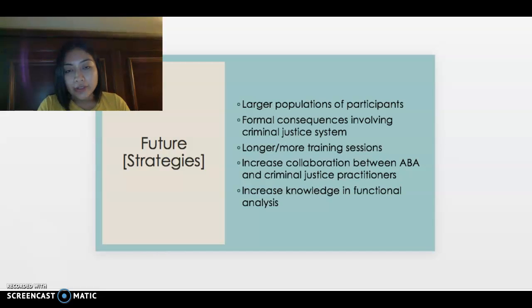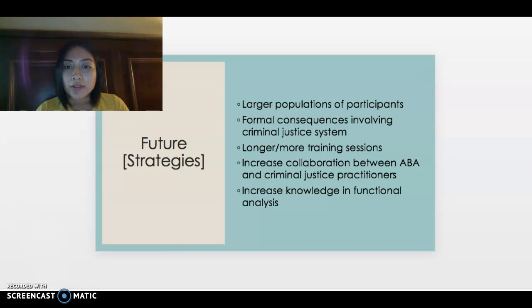For the future, there are some strategies that we can do to address these barriers and increase the usefulness of ABA in the corrections setting. So we can have larger populations of participants, so this will help to increase the variety of participants, including having more female participants, and even having different types of offenders.